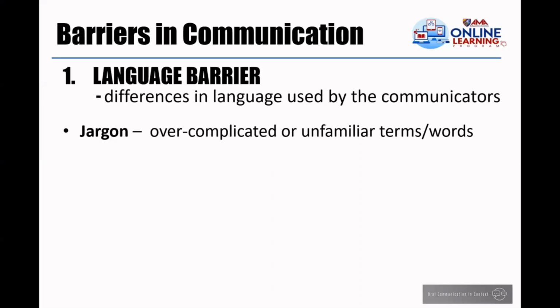But if the sender is an engineer and the receiver is a common person, the receiver will have limited knowledge about the blueprint because a common individual doesn't use a blueprint in his or her life.